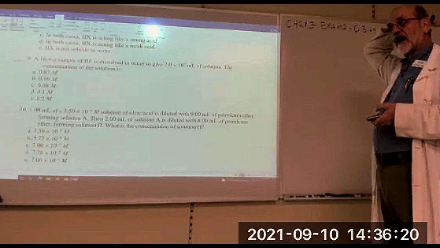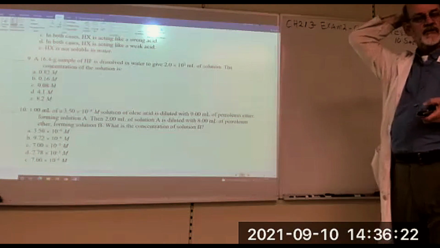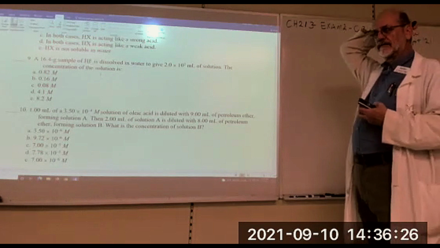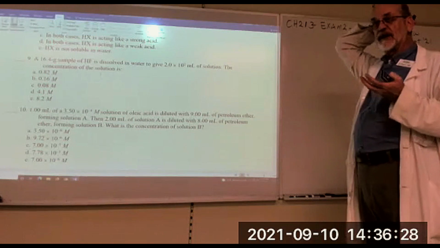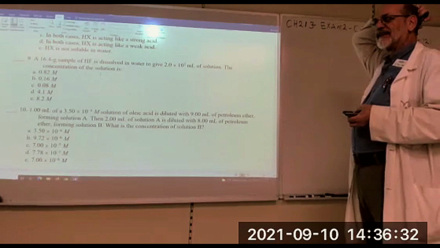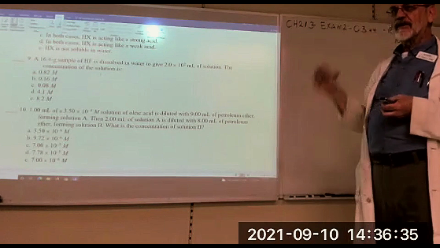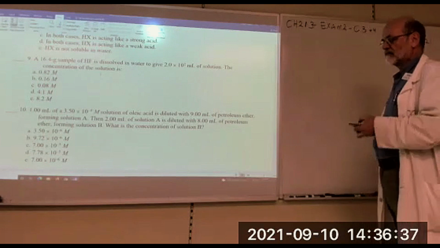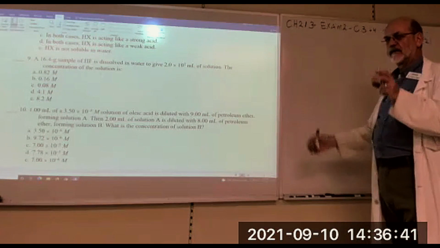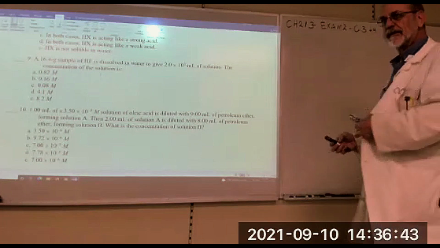Well, some of them would be 1,000 parts per million, some of them would be 10,000 parts per million. So you have to know what that means, because parts per million is a dimensionless number. And then you would do a dilution in your head. You say, okay, so I need so many mils of this one, so many mils of that one, so many mils of that one, dilute to this volume. Off to the races.